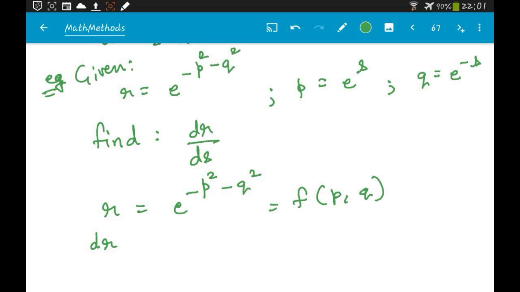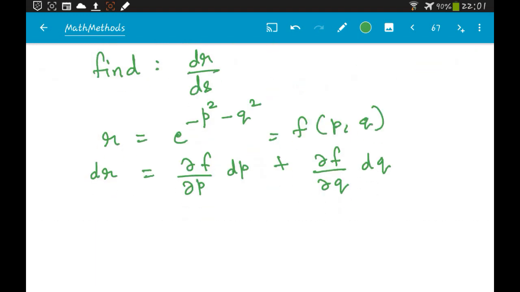So this will be dou f by dou p into dp plus dou f by dou q into dq. Okay, so this is like our total differential that we know from before. So now what is dou f by dou p? So f of pq is e power minus p square minus q square.